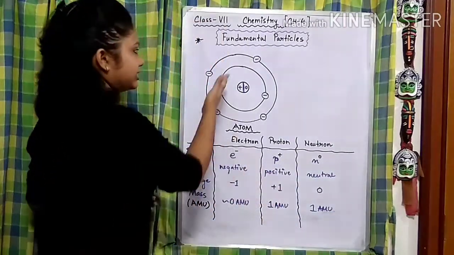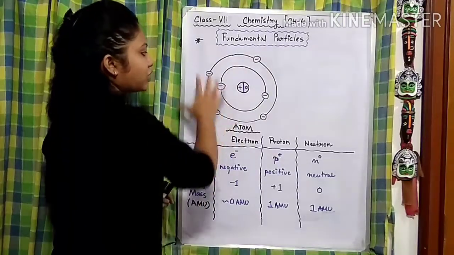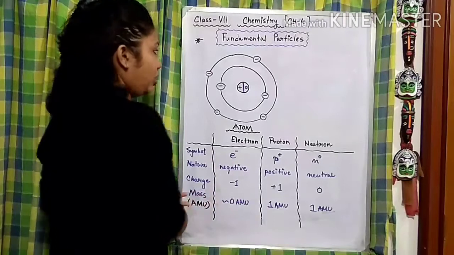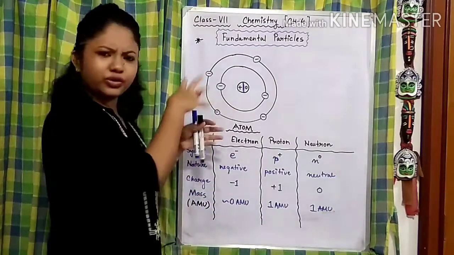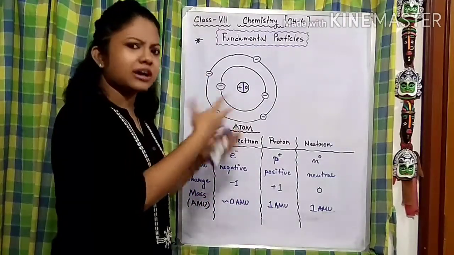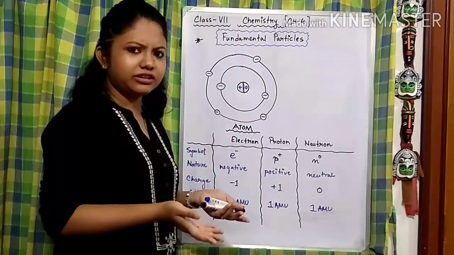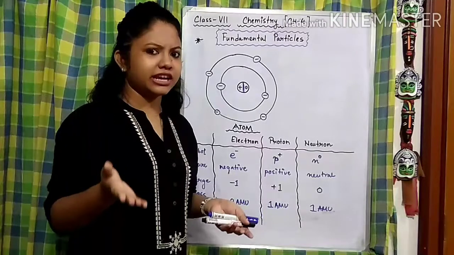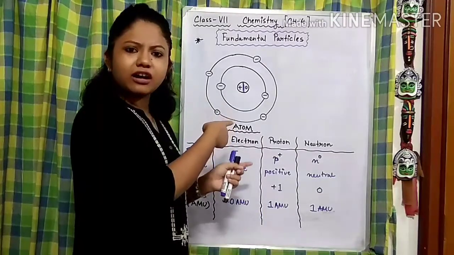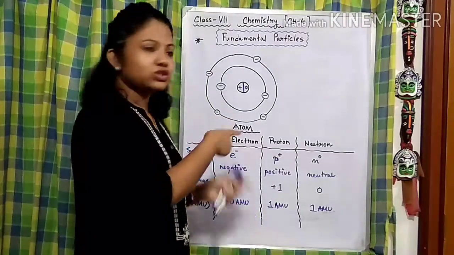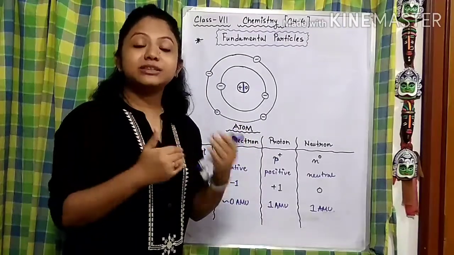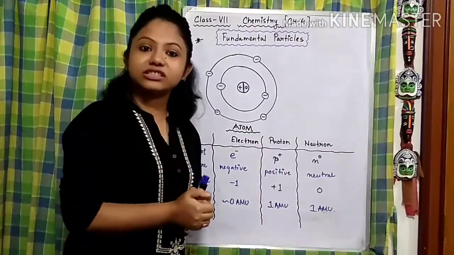So look at this structure. This is a structure of how an atom looks like. Okay, do you find any similarity with something you have already read? If you haven't, then I must say, doesn't this look like a solar system? So yes, atom has a certain similarity with our solar system.